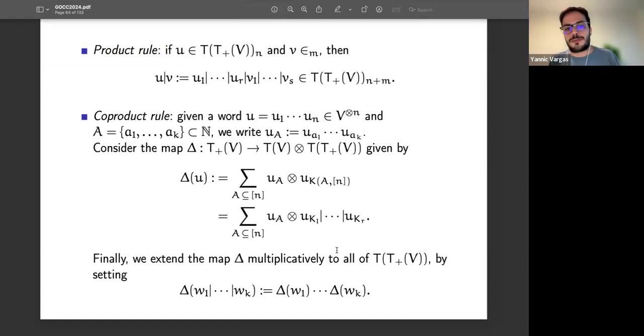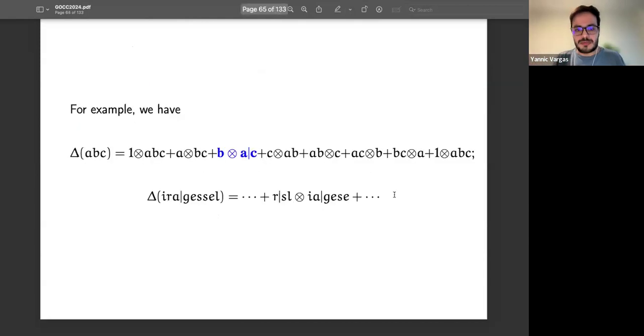So there is a product and a coproduct. The product is very simple. It's just put a bar between U and V. If U is a word on words and V is a word on words, you form a new one, just concatenate them. And the coproduct, let me just show you an example. Again, this comes from this nice workshop dedicated to Ira Gessel. Here is an example of a word, a letter, say, in this Hopf algebra.